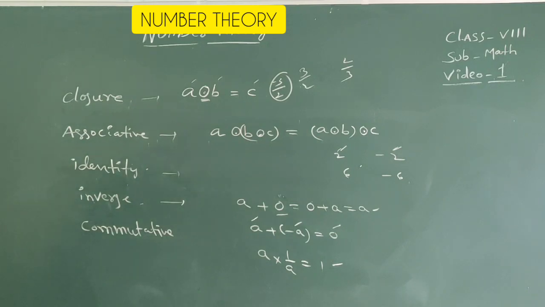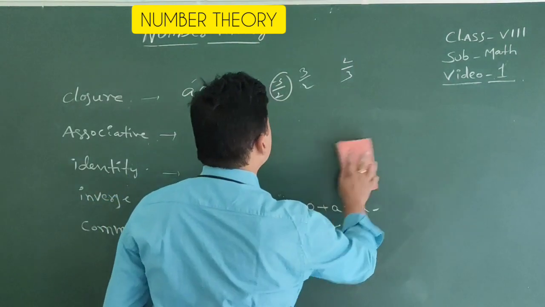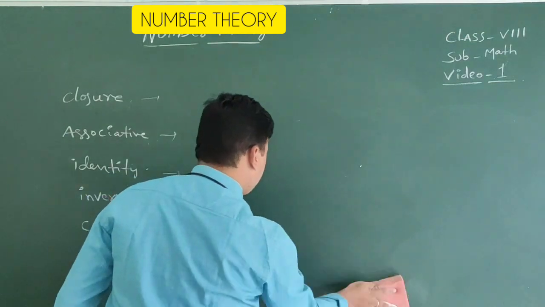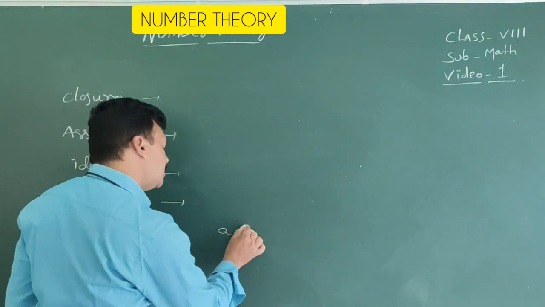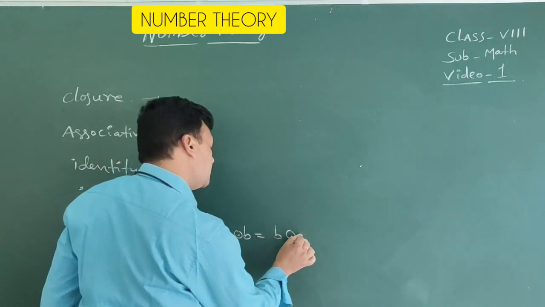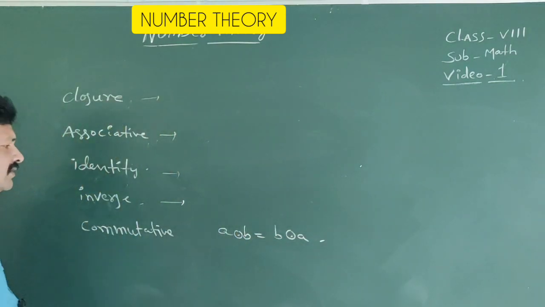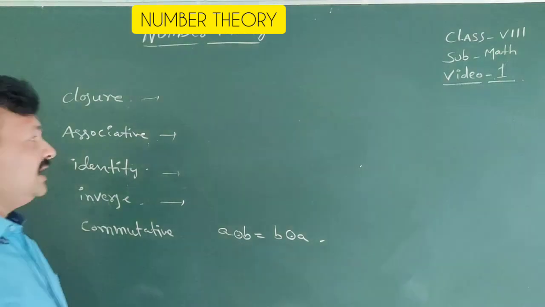Commutative property. Here a dot b equal to b dot a. a plus b equal to b plus a, a minus b is not equal to b minus a, a into b equal to b into a, a divided by b is not equal to b divided by a.